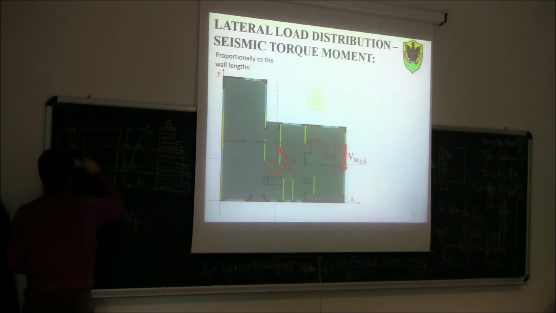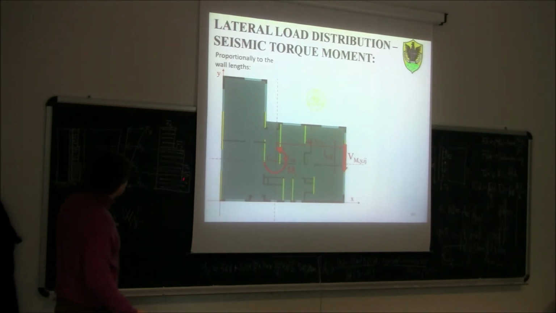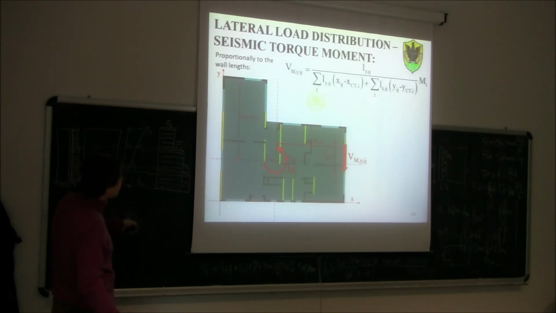So basically, from the total story shear acting on the whole building, I can calculate for each single wall of my building the distribution of shear. Okay? Which comes from this equation that we saw before.